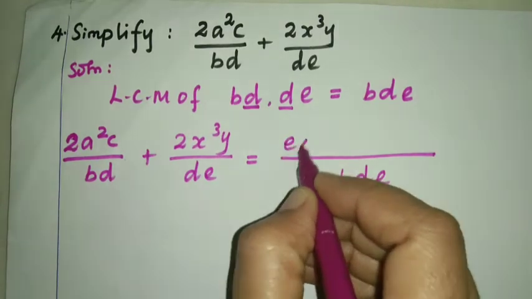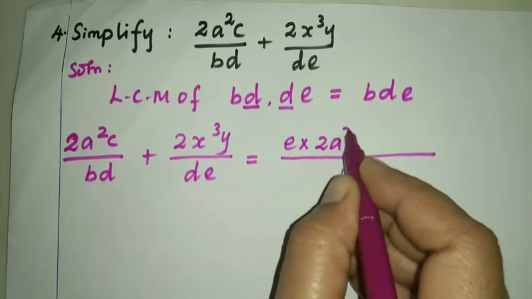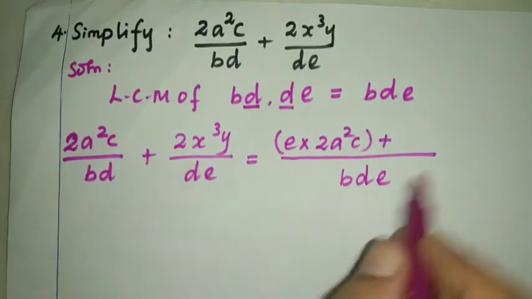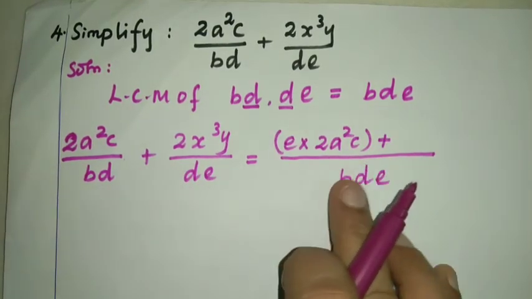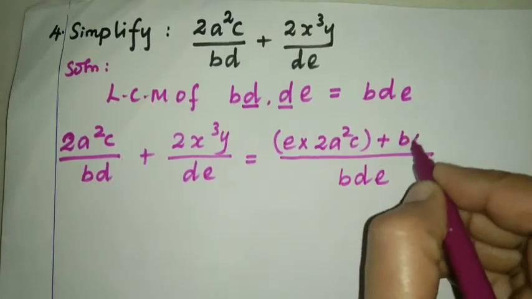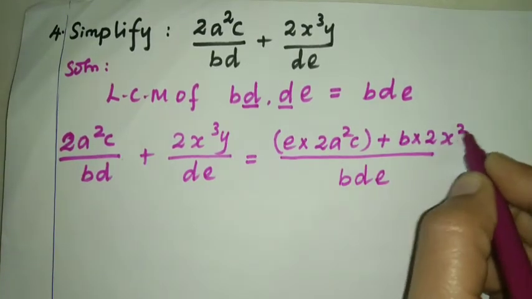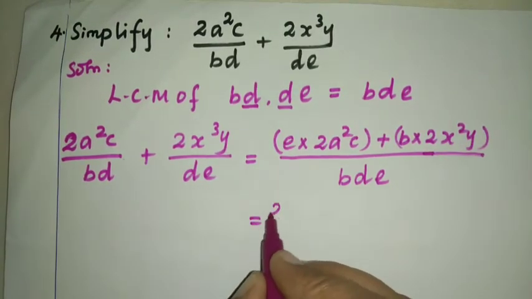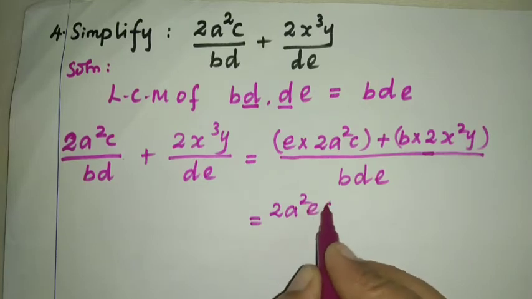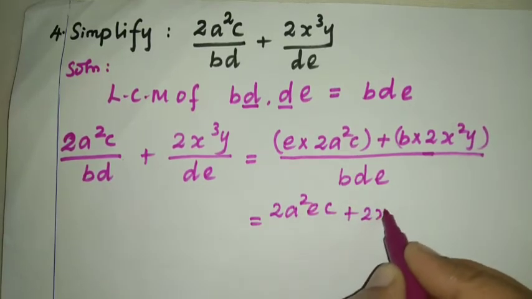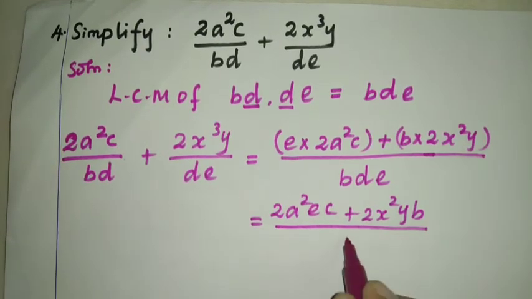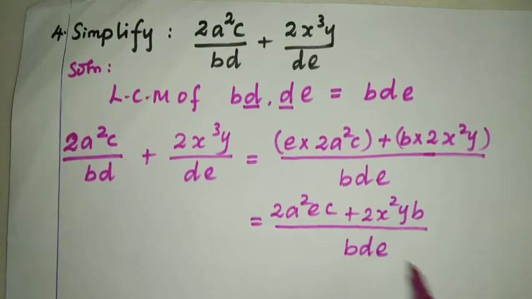So e must be multiplied with the first term, 2a square c, plus, in the second fraction the denominator is de. Here the remaining variable is b. So b is multiplied with the second term, 2x square y, which is equal to 2a square ec plus 2x square yb, divided by bde. Here comes the answer.